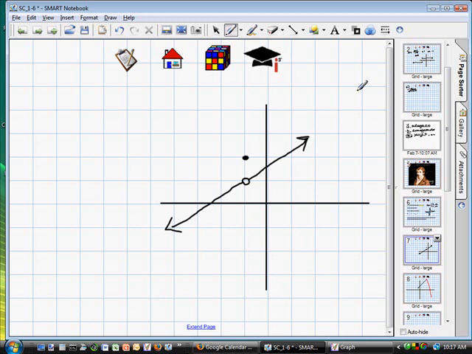So the problem here is the left-hand limit of this function, as x approaches -1, is 1. The right-hand limit, as x approaches -1 from the right, is also 1. So the two agree, but Rule 3 says this limit, which both agree on is 1, does not equal the actual f of -1.